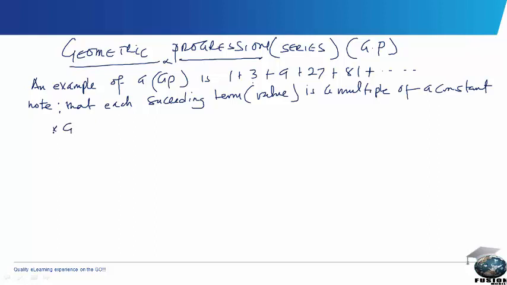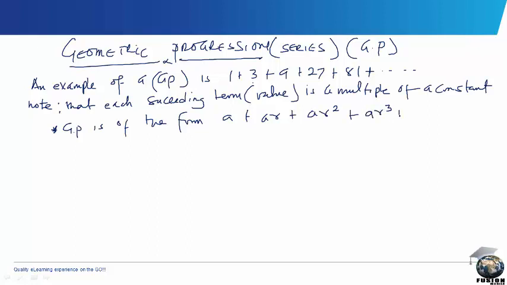The second thing to note is that a GP is of the form a, the first term, and then the next term is a multiple of a constant which we call r, the third term is a times r squared, the fourth term is a times r cubed, and so on, until the last term, which is a times r to the power n minus 1.